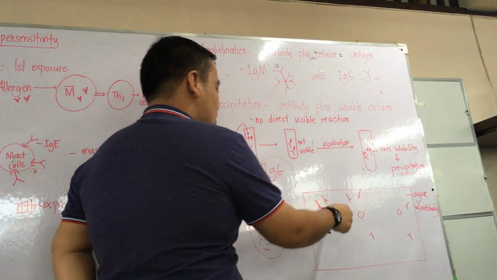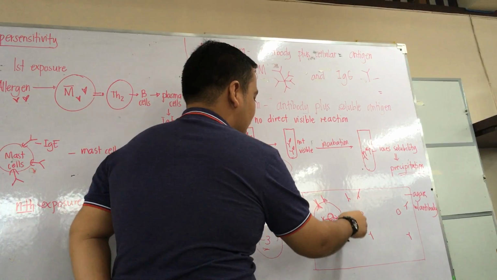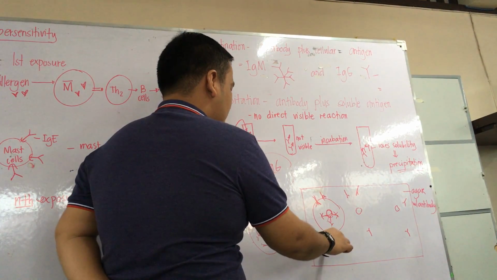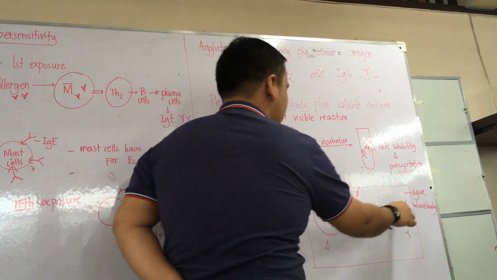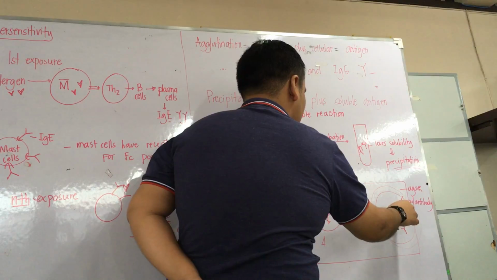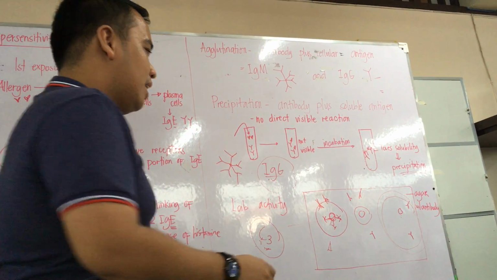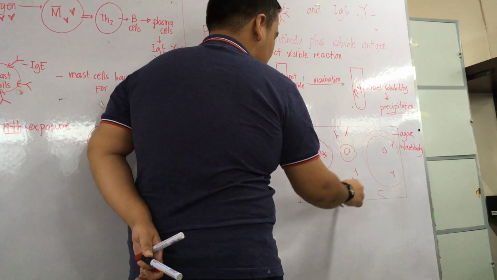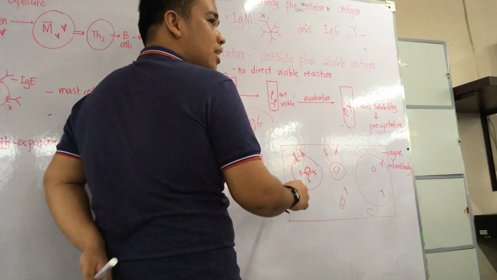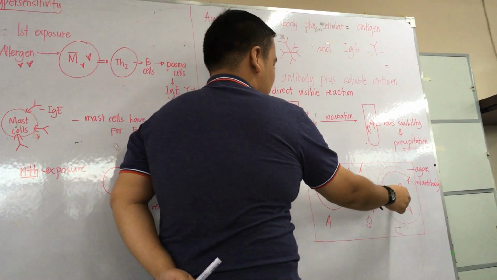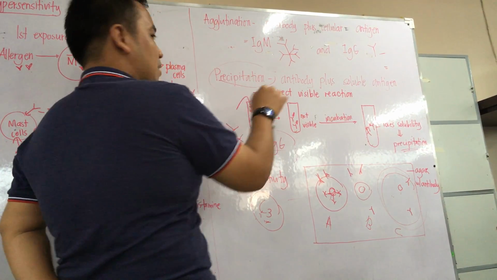So let's try to compare. After that, you allow that to incubate and you will see a precipitation ring. We will call this as precipitin ring. So if this is patient A, this is patient B, this is patient, hindi siya symmetrical, patient C. So you will have an idea that there are more antigens in patient C than B than A. But you will not observe this reaction immediately because this is actually precipitation.